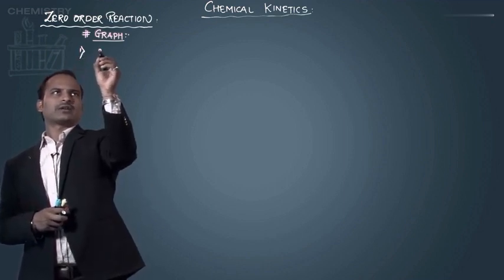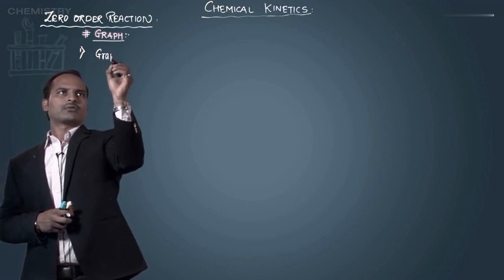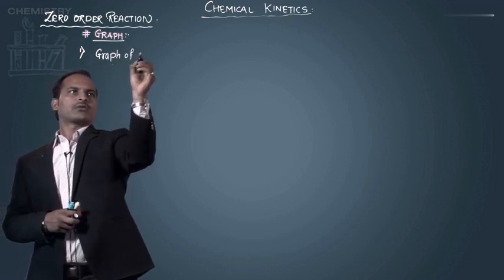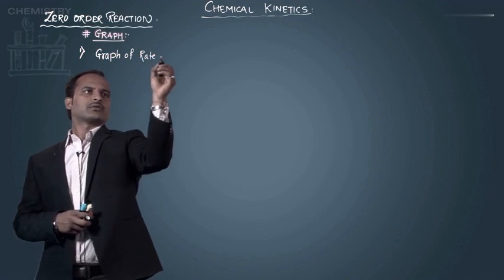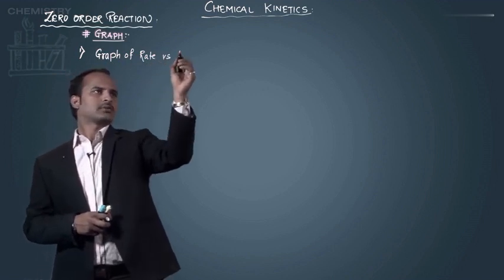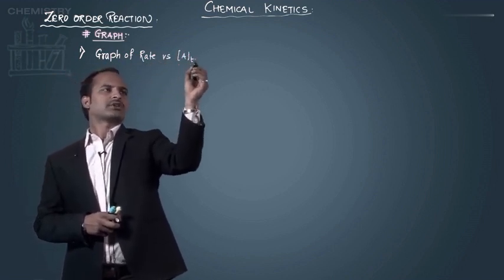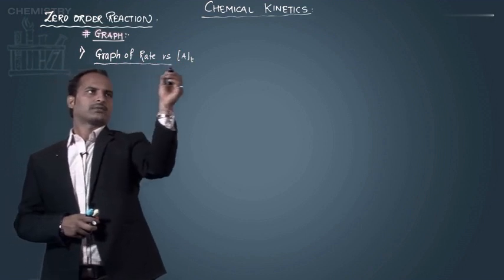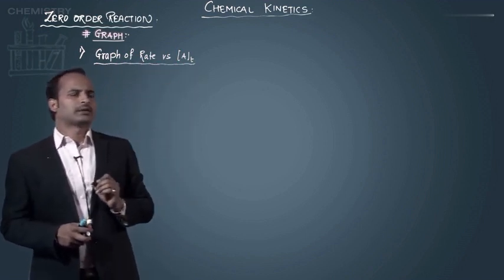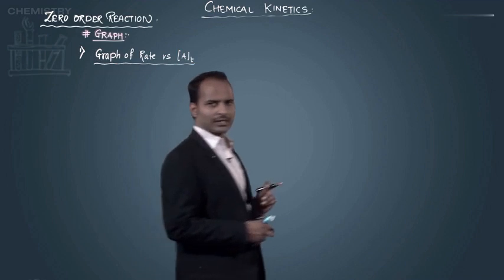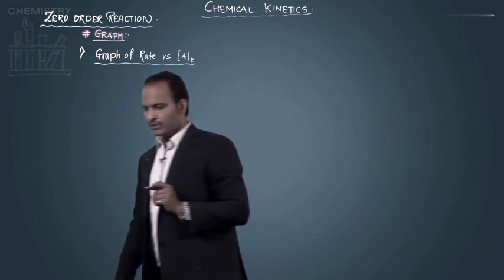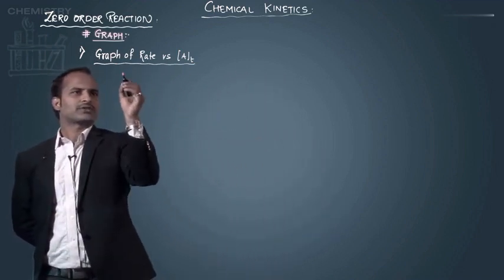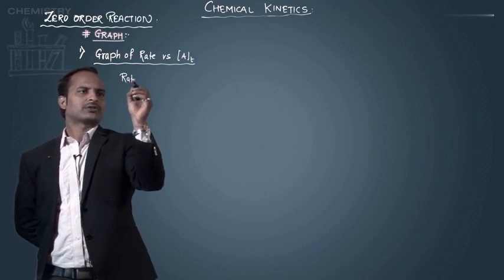It is a graph of rate versus concentration of reactant, that is A_t. So for a zero order reaction, I can say that rate is independent of concentration of reactant.